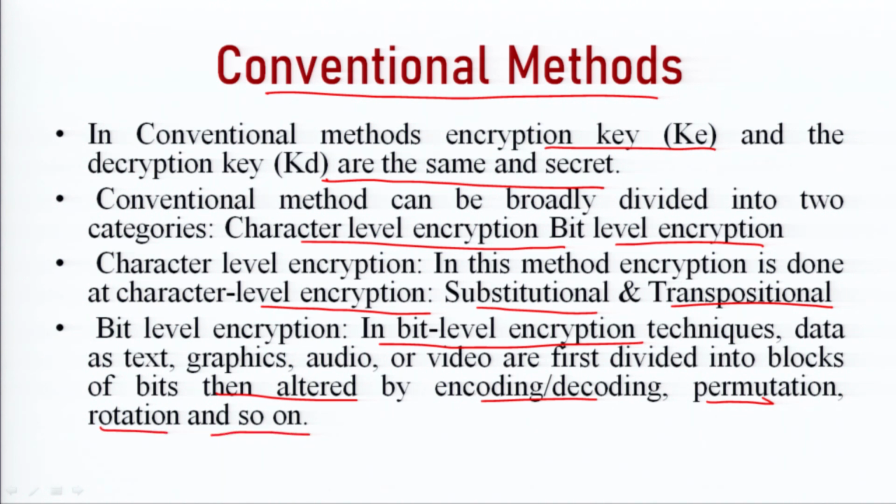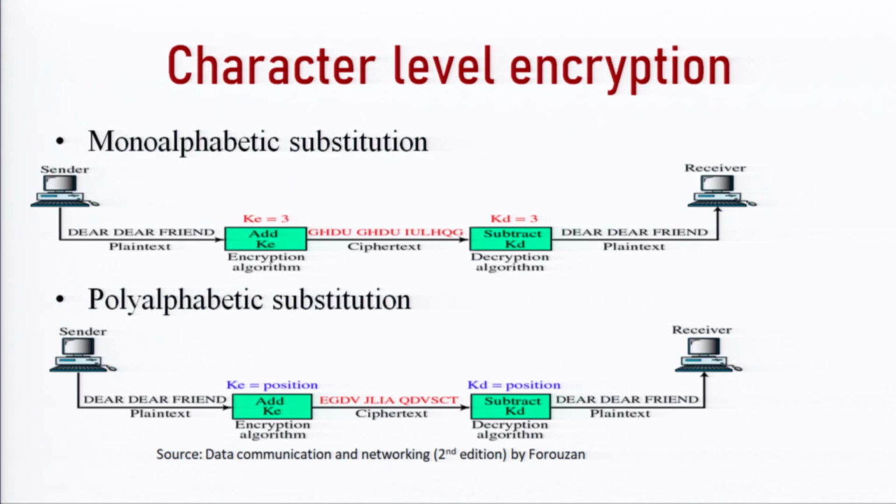So, conventional method can be categorized into two broad categories, character level encryption and bit level encryption. And in character level encryption there are two methods, monoalphabetic substitution and polyalphabetic substitution.